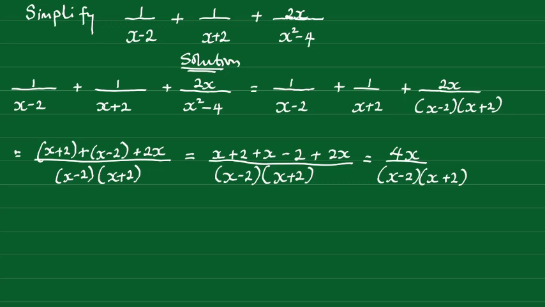Therefore, our answer becomes 4x divided by x square minus 2 square, which in turn is equal to 4x divided by x square minus 4, because 2 square gives us 4. And this gives us our final answer to this expression.